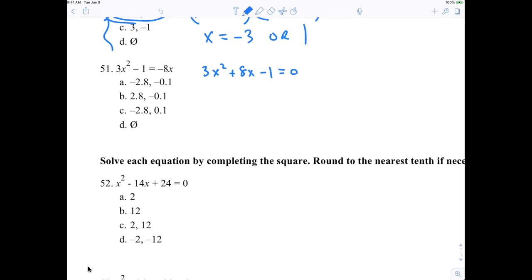Okay? Does everybody agree we have the decimal answers? So now I want everybody to go to your calculator because we'll review how you can double check it quickly. Type in under y1, 3x squared plus 8x minus 1, and just look at the graph and tell me where it crosses the x-axis.